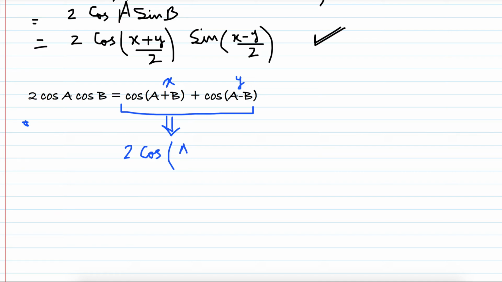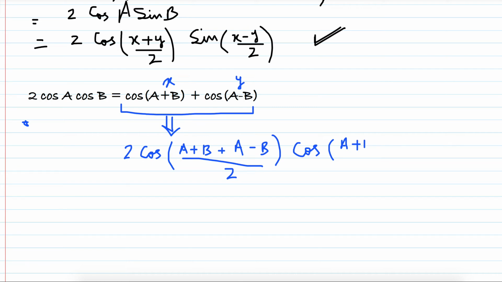So x plus y becomes a plus b plus a minus b, divided by 2, and then cos (x minus y) divided by 2.